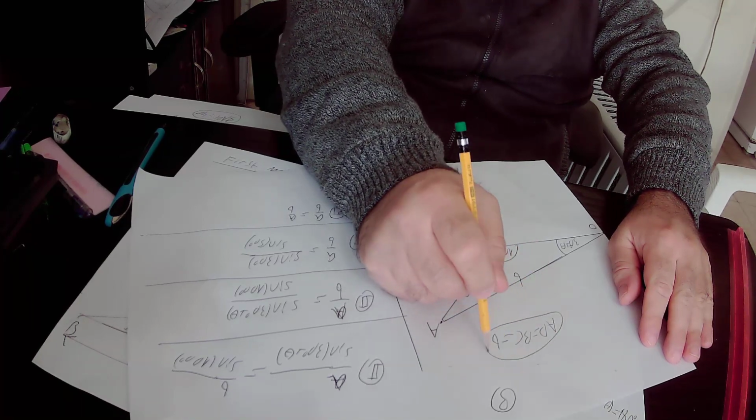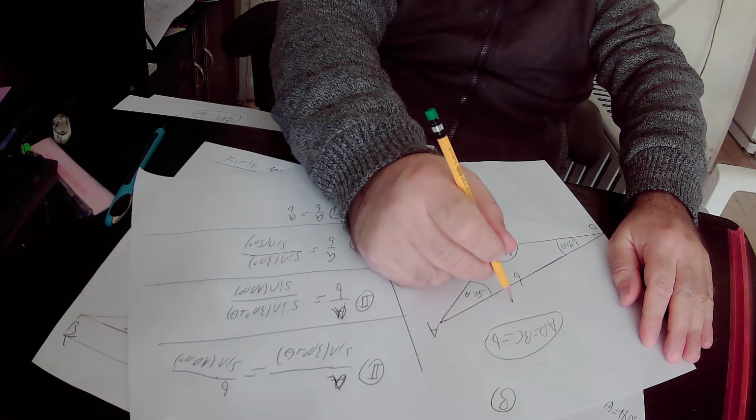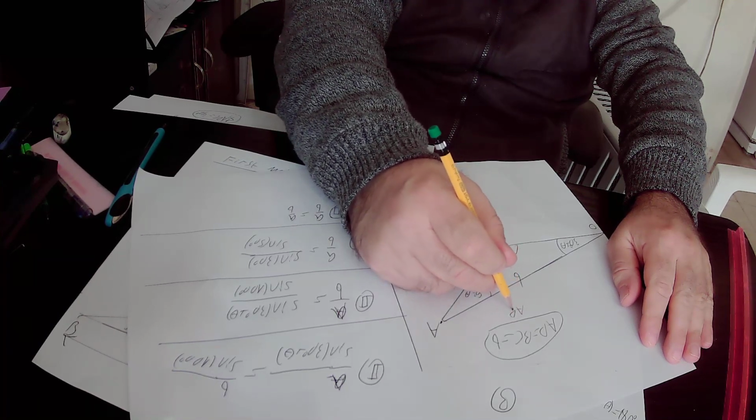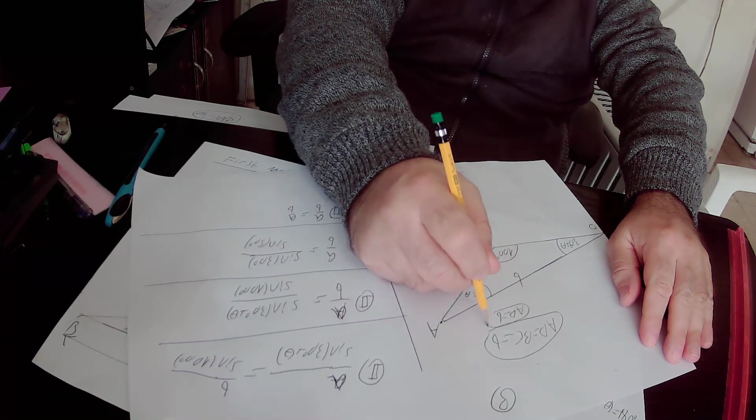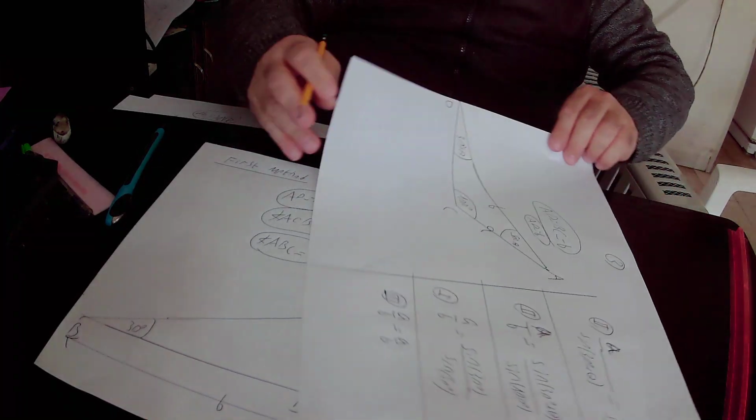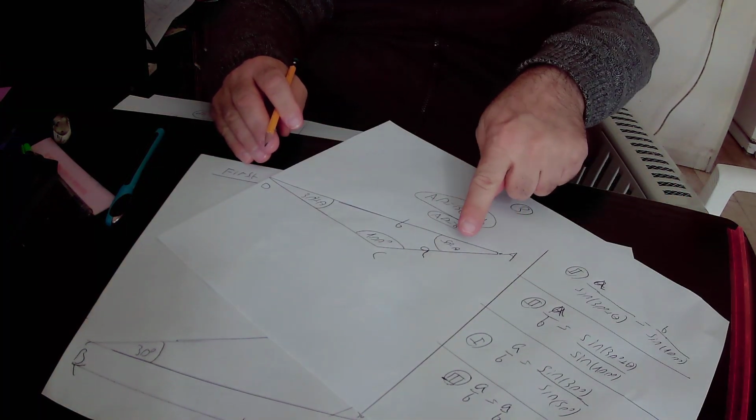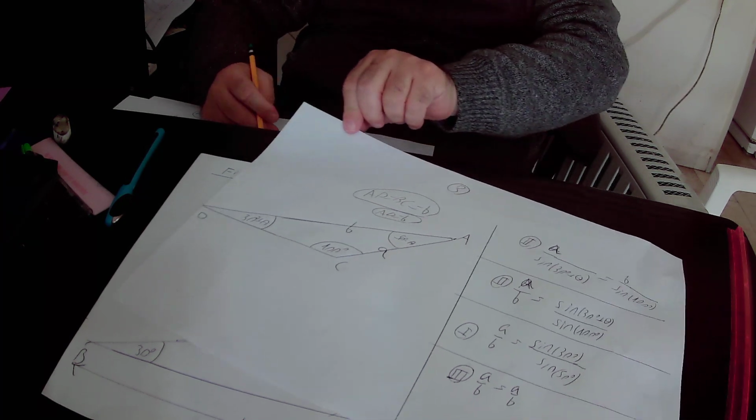From this equation, we derive that AD equals B. So AD equals B, and AC equals A, according to our definition.